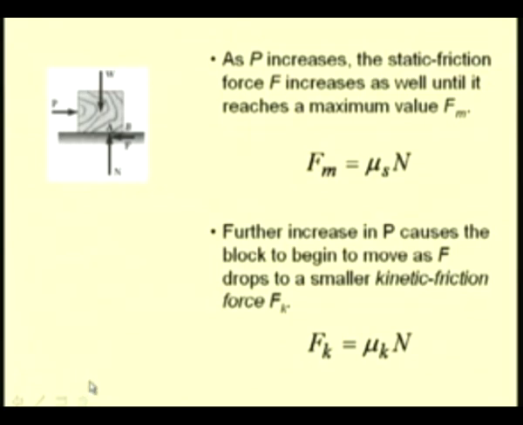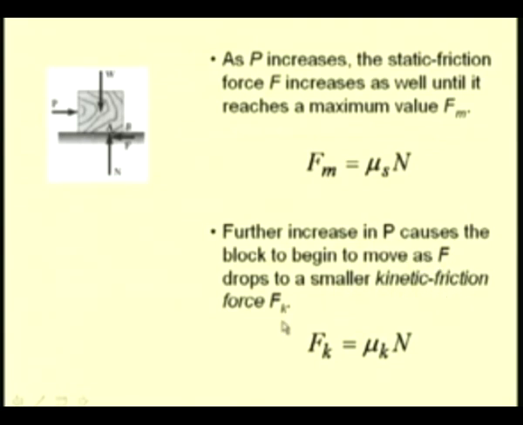And further when this force P is increased, the block starts to slide and the frictional force drops to a lower value and remains constant, and that frictional force which exists when the body is in motion is known as the kinetic friction.